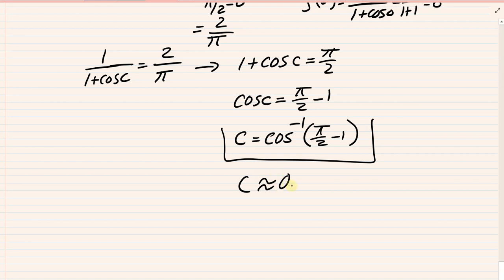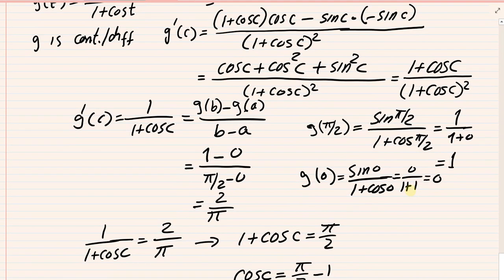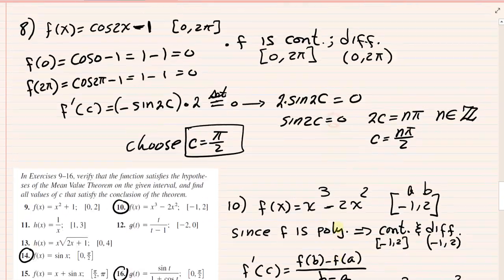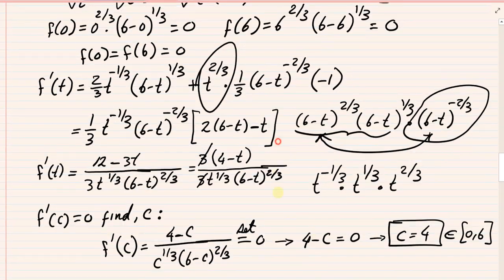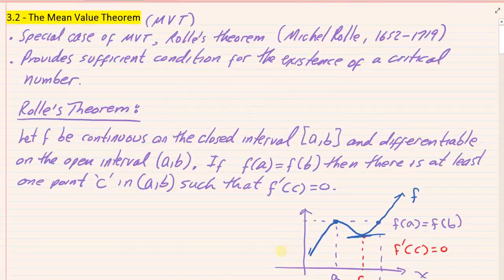Okay, I got about 0.96 rounded. Okay, and there you have it. So we were able to find c again according to the mean value theorem. Okay, and there you go. So we are done with this section 3.2.